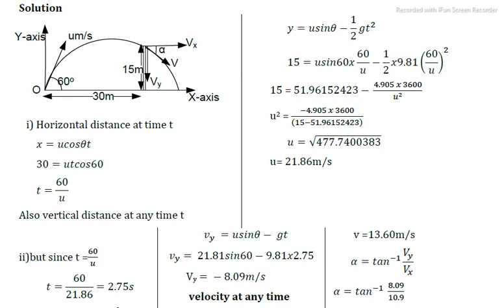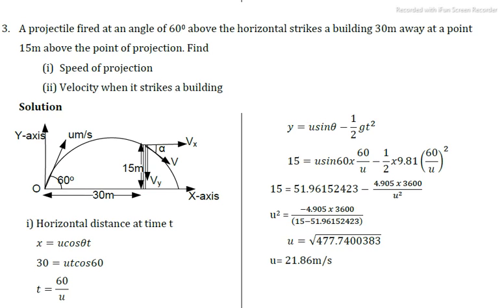So if we try to sketch the projectile motion for this, it does not land, but instead it hits a building which is 15 meters above the point of projection.